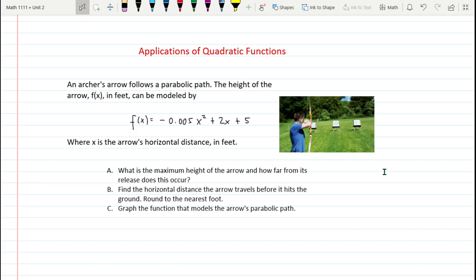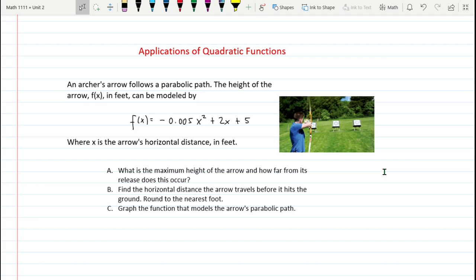The height of the arrow, f of x, in feet, can be modeled by the following function: f of x equals negative 0.005 x squared plus 2x plus 5, where x is the arrow's horizontal distance measured in feet.